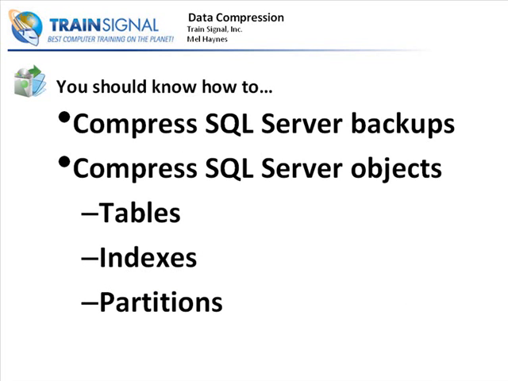And as a result of watching this video, you should know how to compress your SQL Server backups, and saw some of the pros and cons and ins and outs of that, and compressing your SQL Server objects, and we looked at three: compressing tables, you should be able to compress an index, and compress a partition.